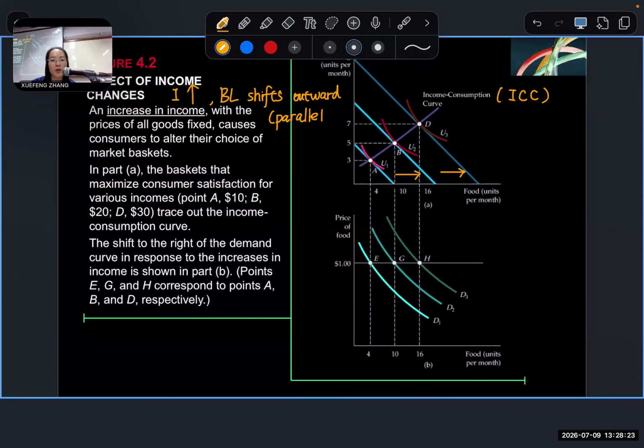With more income, of course, you're going to buy more of everything. So the demand curve moves right from D1 to D2 and also to D3.